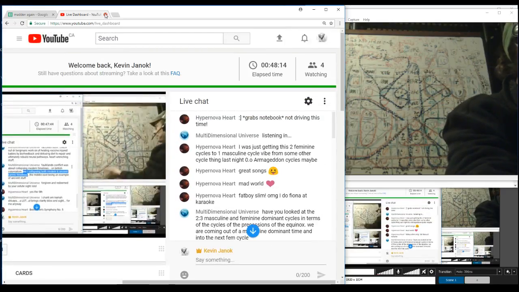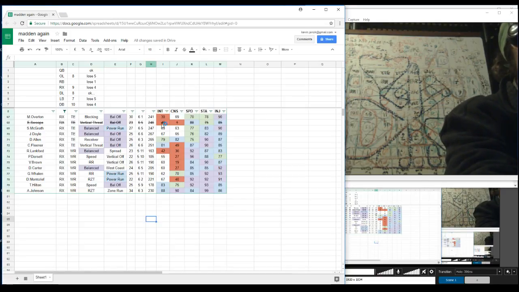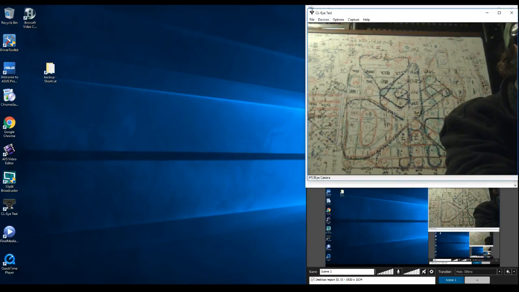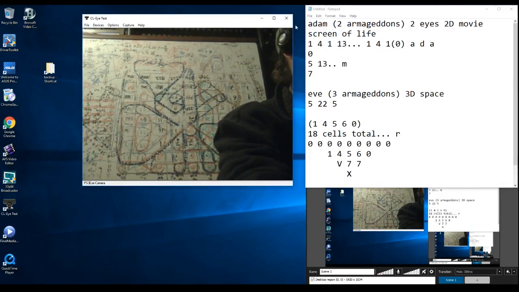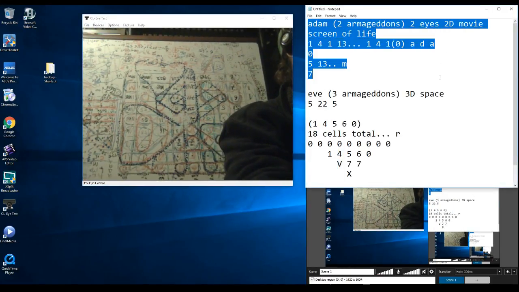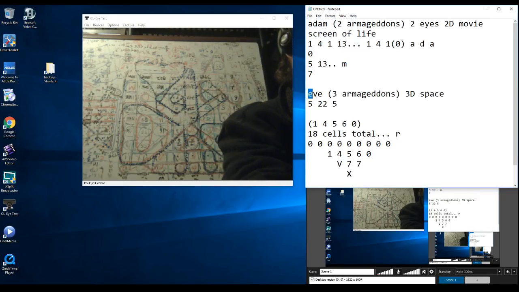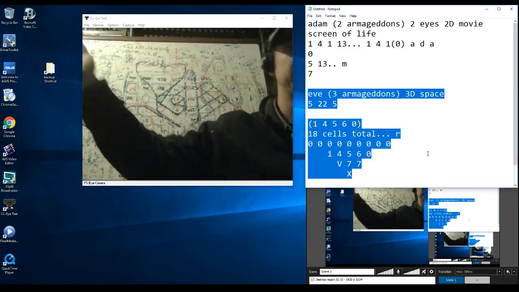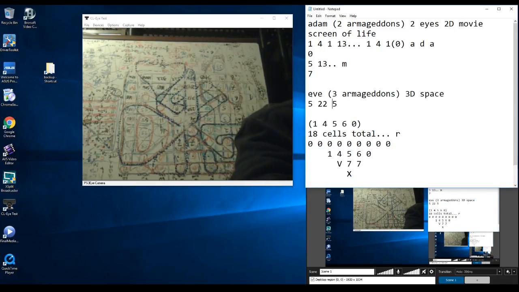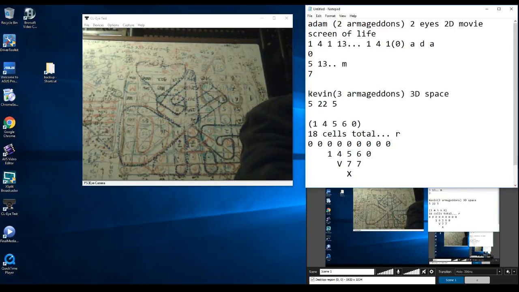So here I'm doing some Madden stuff. I do math. I do pattern recognition. That's all I do. So, again, 2 to 3. Again, 2 eyes for Adam. XYZ axis for Eve.